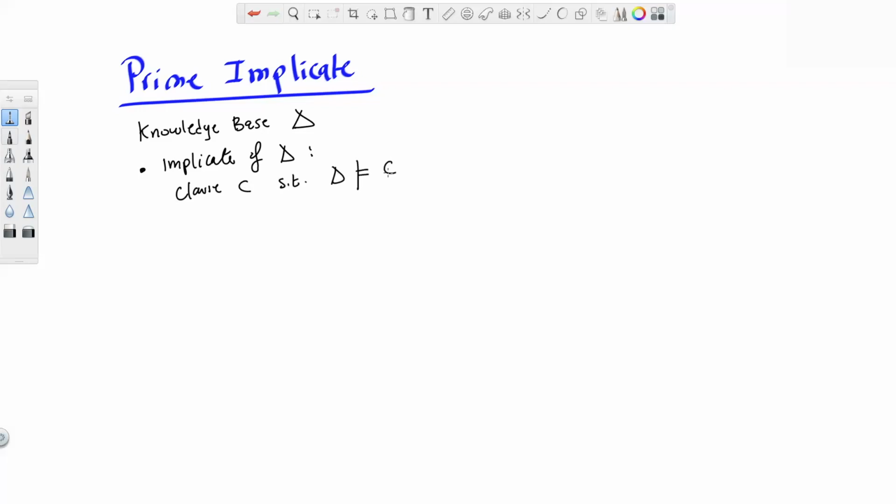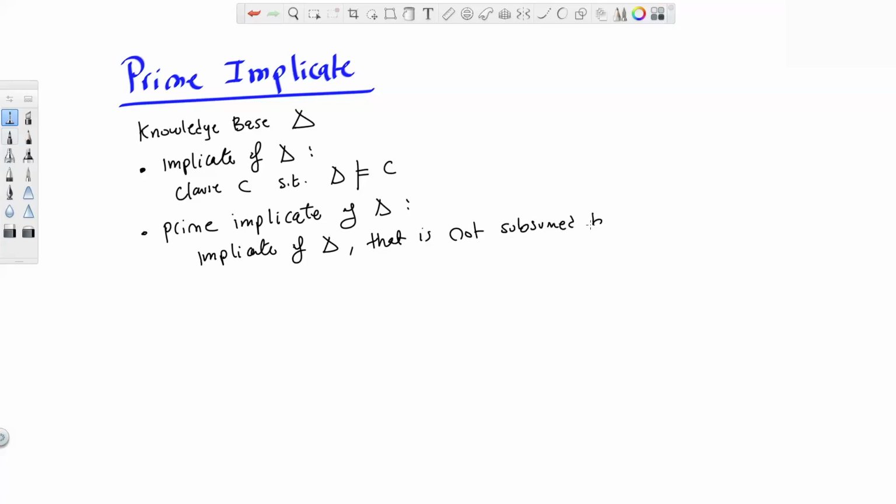That's it. Okay. So if a clause is implied by a knowledge base, I will say that it is an implicate of that knowledge base. And now we can define the notion of a prime implicate. It's going to be simply an implicate of delta that is not subsumed by any other implicate.